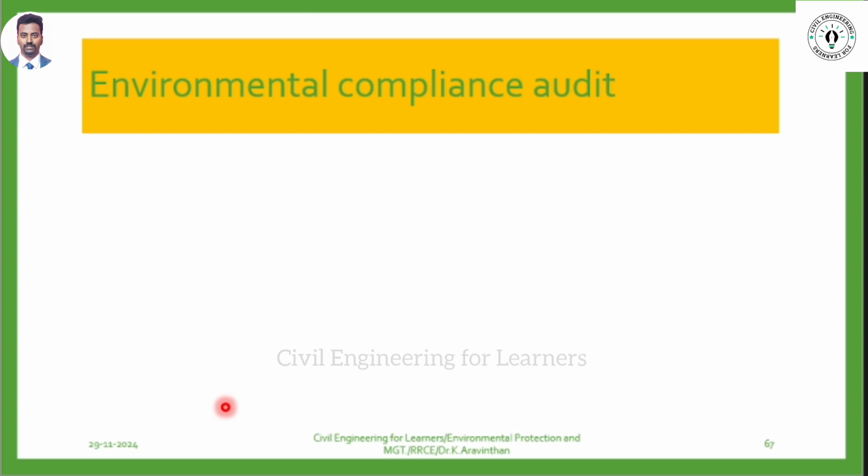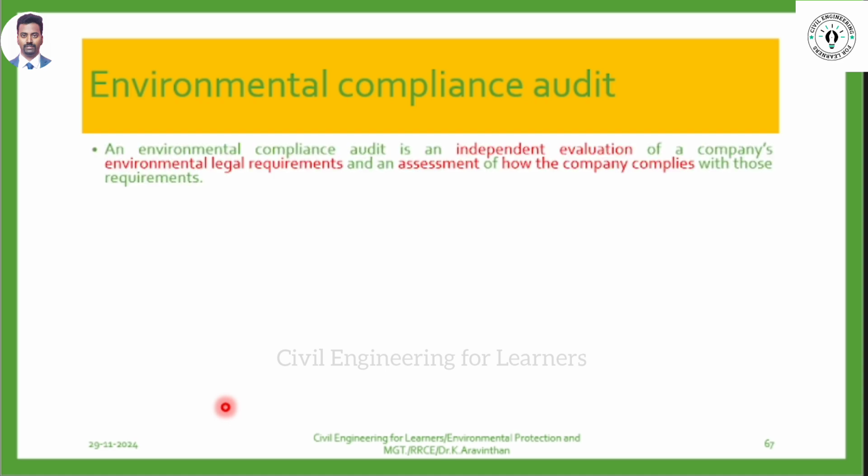Now, in the last slide I discussed compliance audit. Now this title is environmental compliance audit. Compliance audit is the broader one; the smaller one is called environmental compliance. What are the environmental guidelines they follow?